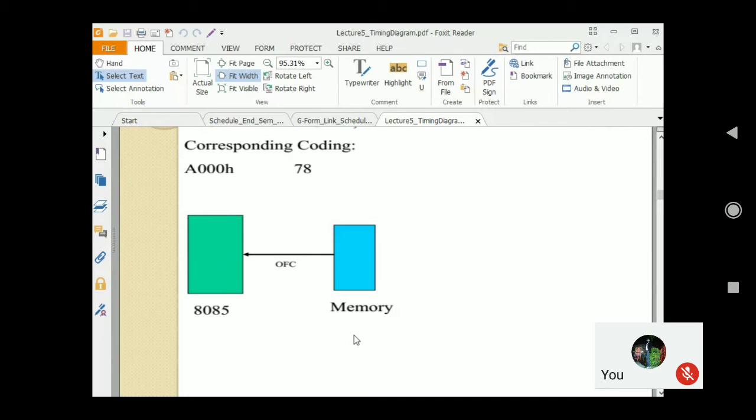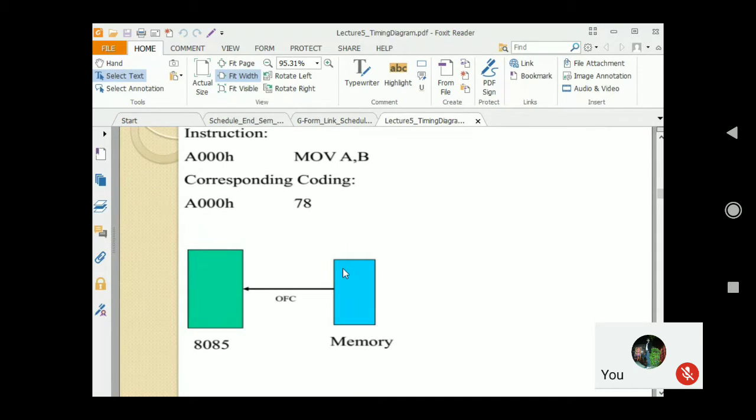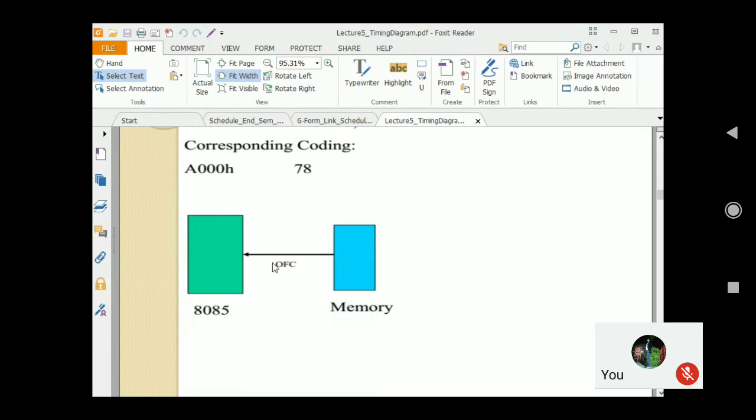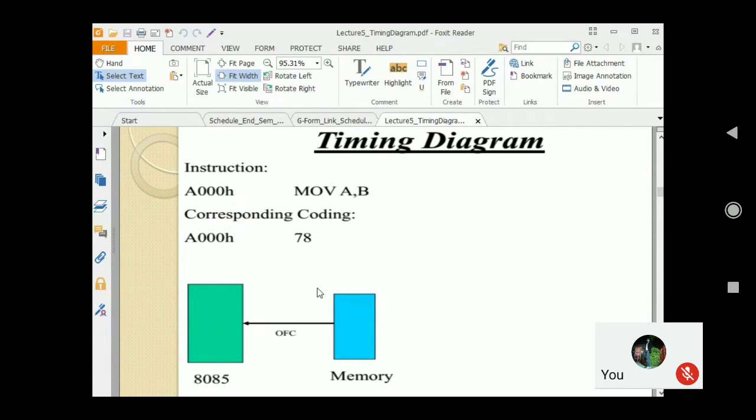From memory, from some register B, I am going to move that particular opcode. This move A, B has the corresponding opcode 78, and it is going to be loaded. This 8085 OF1 is nothing but the opcode fetch cycle. This is the fetching of the opcode from memory into the instruction register.